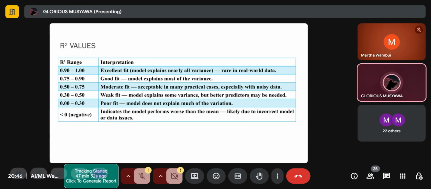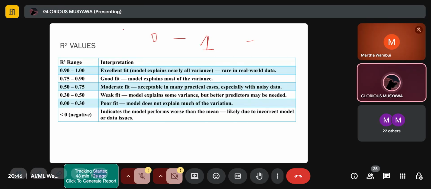It usually ranges from 0 to 1. But if you get an R squared that's negative, your model is way out there. It's bad, it's just so bad.